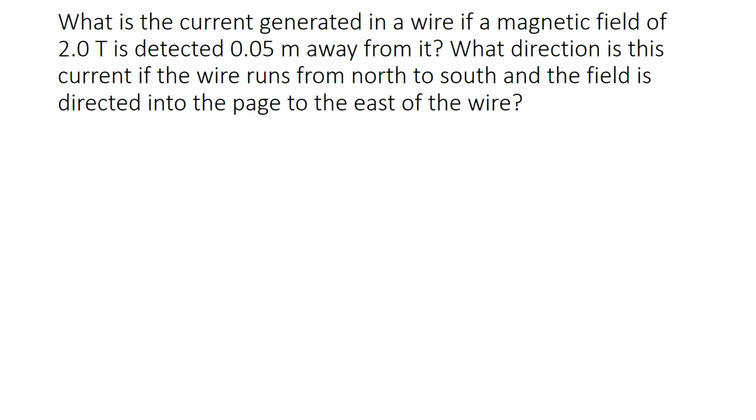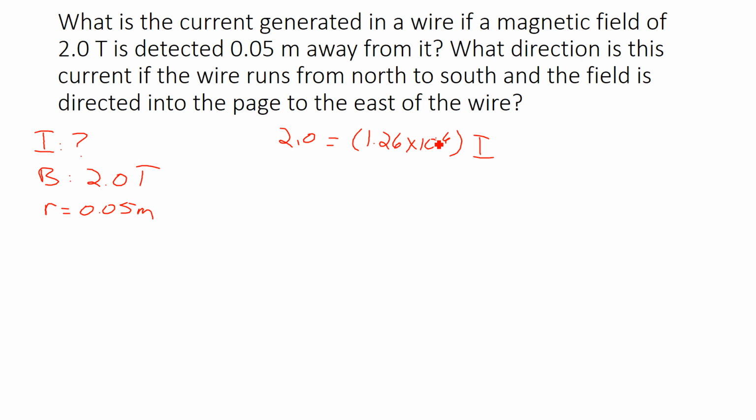All right, so let's quickly calculate for I. B is 2 Teslas, and then my distance from the wire. So if I set it all up in the equation, don't forget that's a 10 to the negative 6.